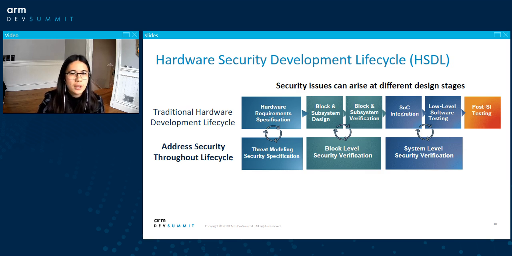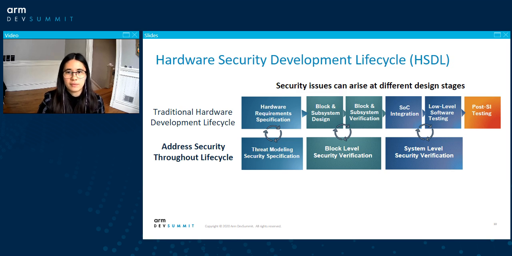So for example, before you even start creating RTL designs for particular blocks, you still have your general architecture and functional specification ready. And in parallel, you can be performing threat modeling and deriving your security specification. And then once you start to implement your design, you can perform block-level security verification on the portions of the design that are finalized.